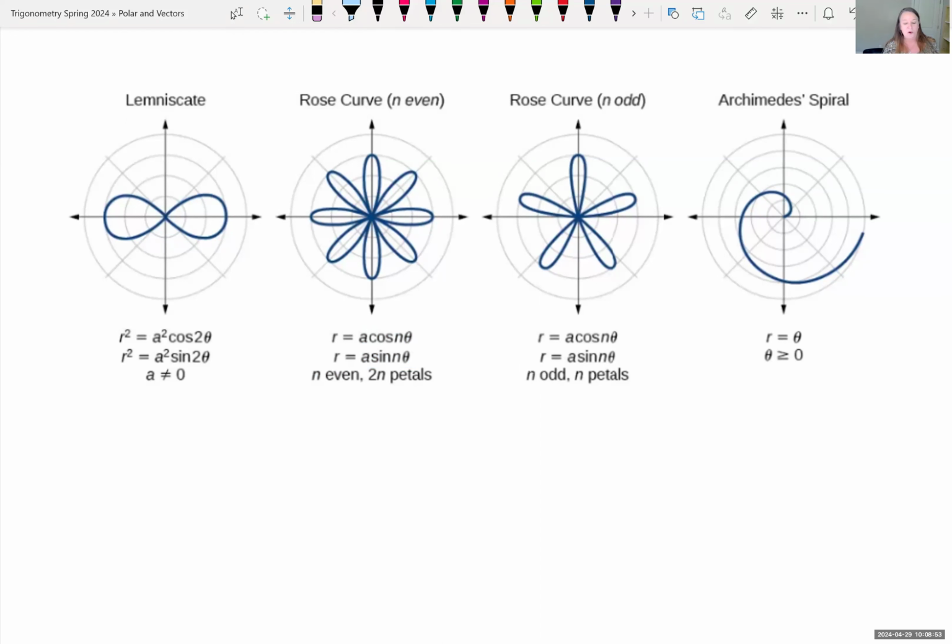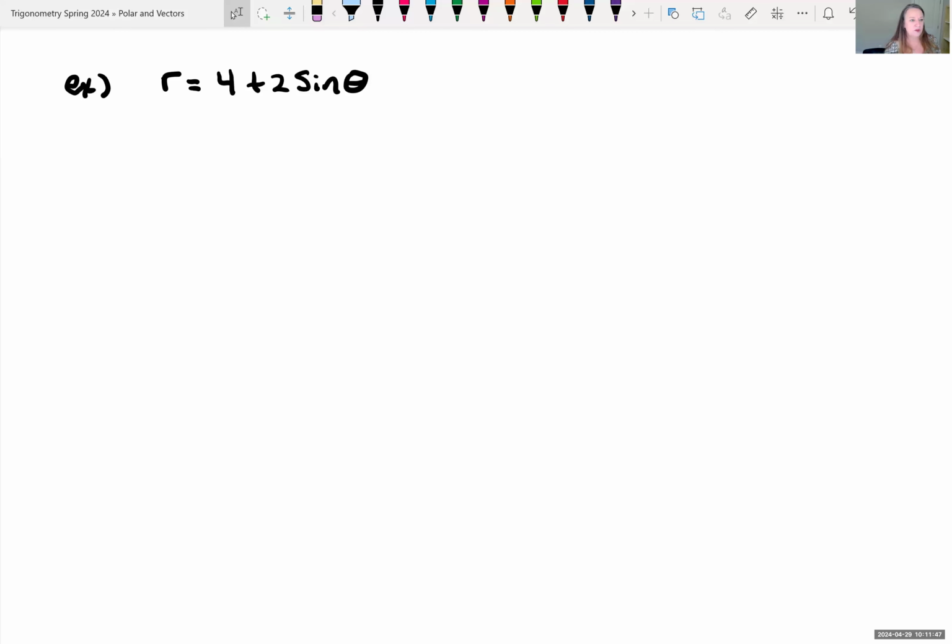So let's pull some examples and let's graph those and recall how we were looking at those graphs last week. So in front of us, we have r is equal to 4 plus 2 sine theta. And so we want to graph this.